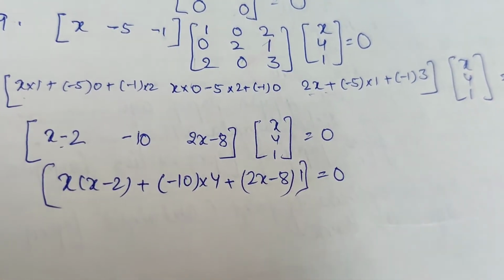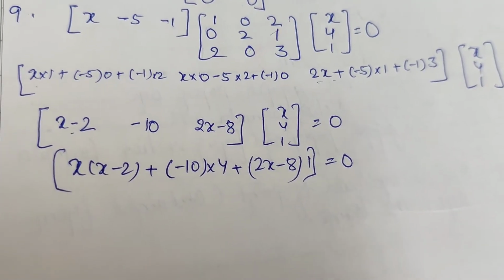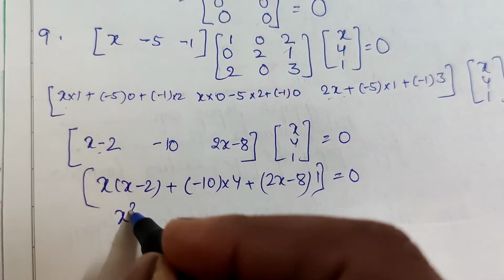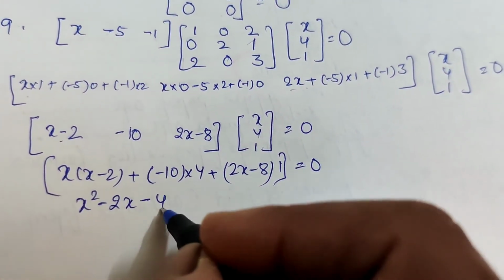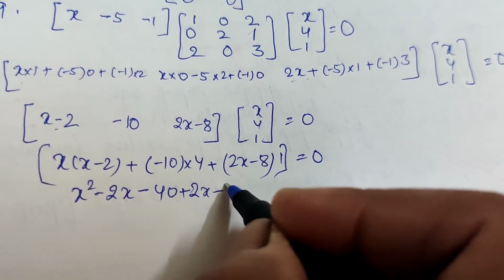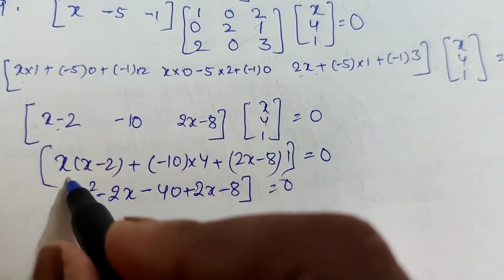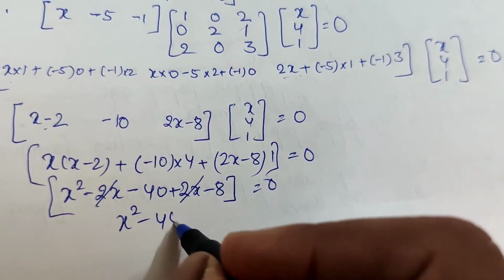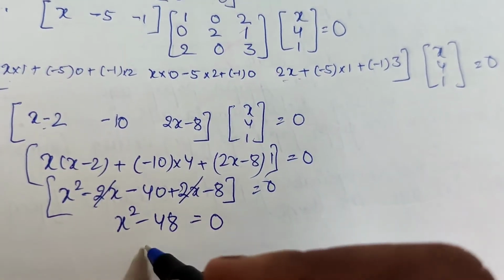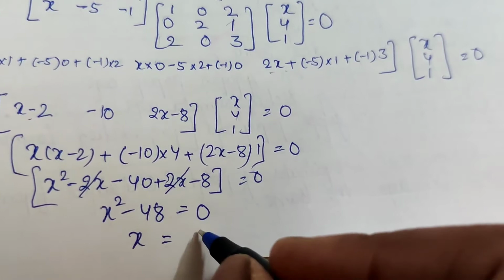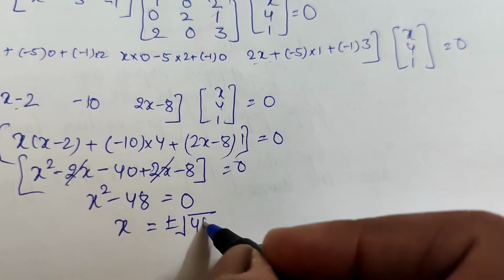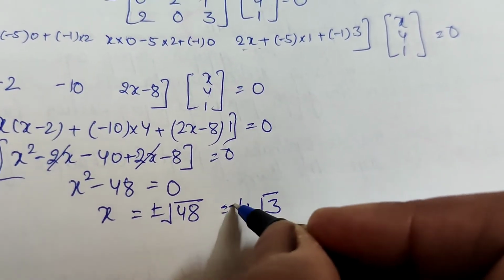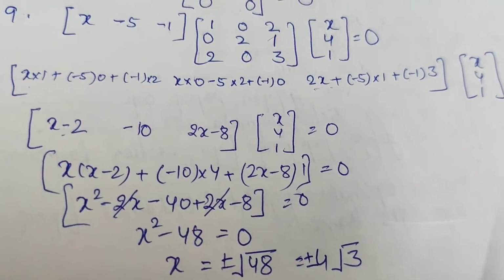Now solve: x square minus 2x minus 40 plus 2x minus 8 equal to 0. 2x cancel, x square minus 48 equal to 0. Then x equal to plus minus root 48. It means 4 root 3, plus minus 4 root 3. This is the value of x.